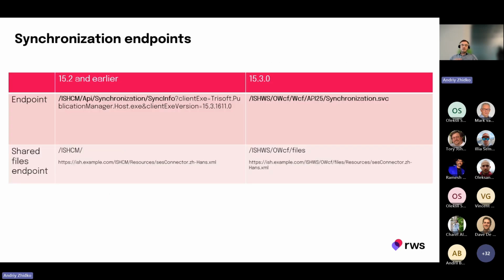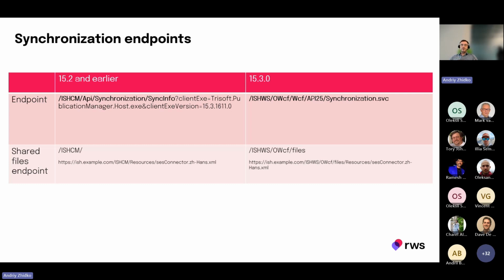As I mentioned, the synchronization endpoint was moved from XAPI to OWCF, and this endpoint returns the list of files that require synchronization. This is how it looked before, and this is how it looks starting from version 15.3.